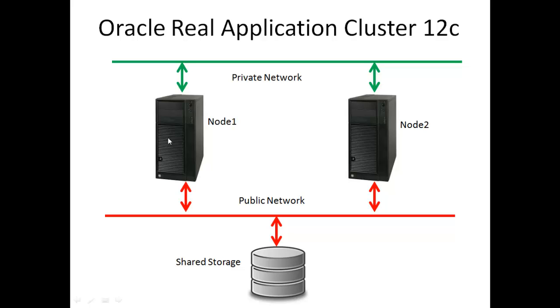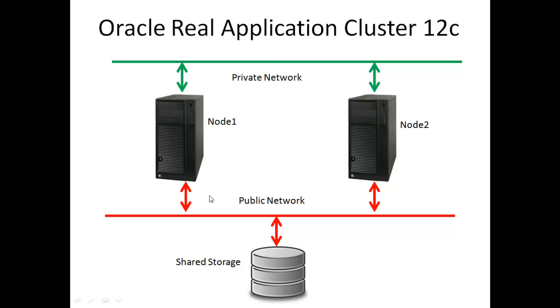We have two nodes, two standalone servers which are indicated as nodes here, and a shared storage. You see one public network, which is the network of your organization. There is a domain network of your organization which will share the public IP between them, and there must be a private network between the nodes.